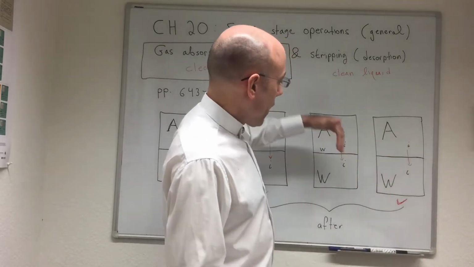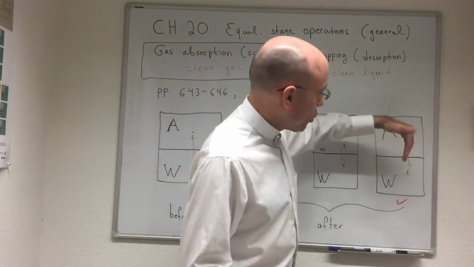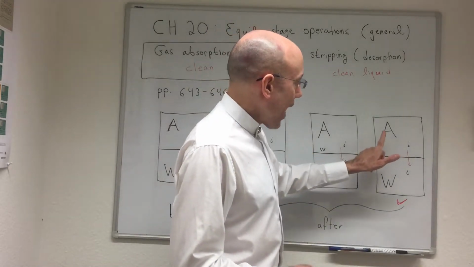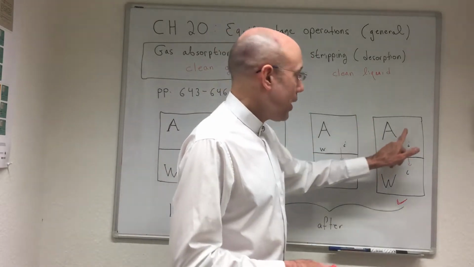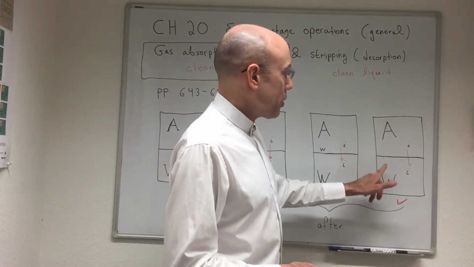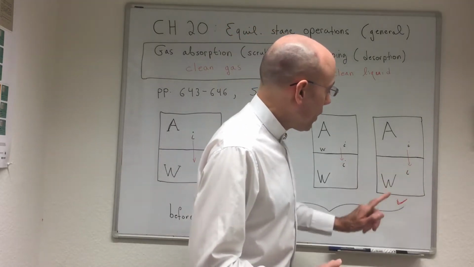So ultimately, after we've gone through this once in our life, in a worked example, we're always going to assume this picture over here, where the gas phase is just air and ammonia, or gas and I, and the liquid phase is just the absorbing liquid, and I, in this case, water and ammonia.